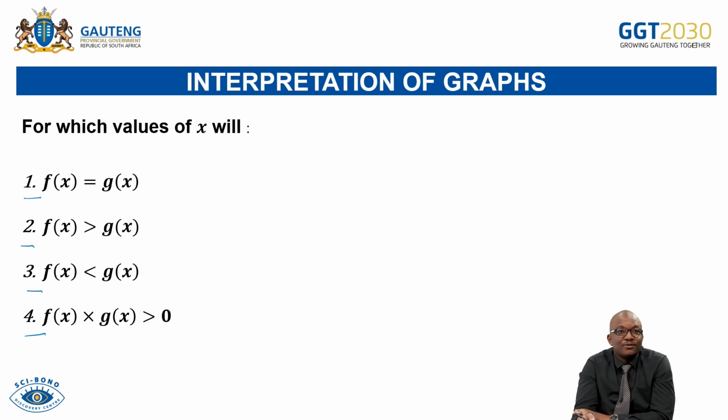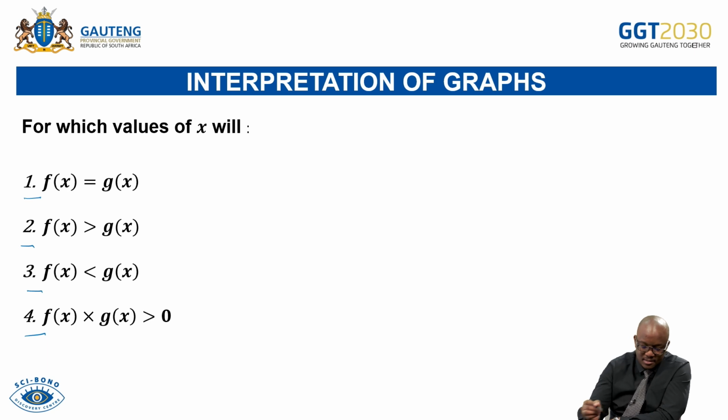Whether you call them symbols or equations, you will have something like this: f(x) = g(x), f(x) > g(x), f(x) < g(x), or f(x) multiplied by g(x) is greater than 0.